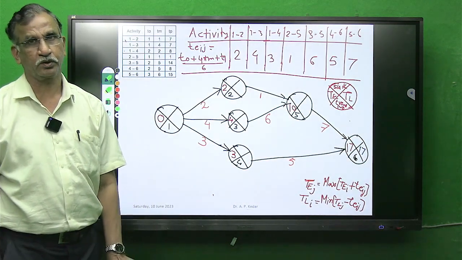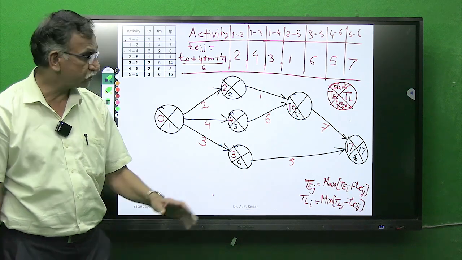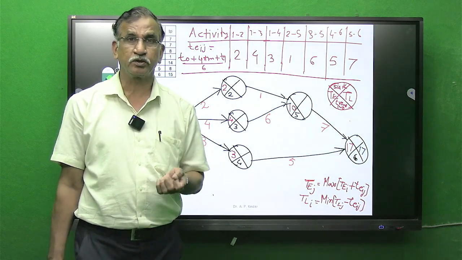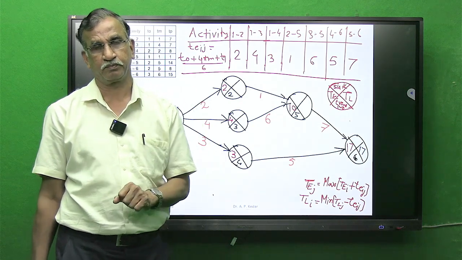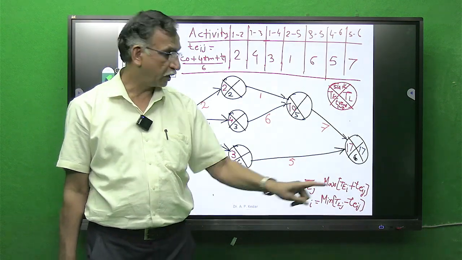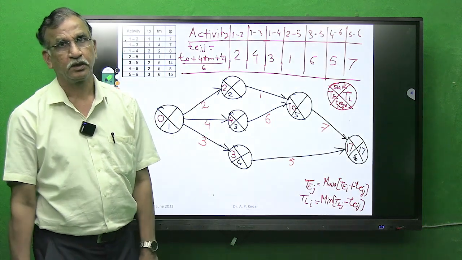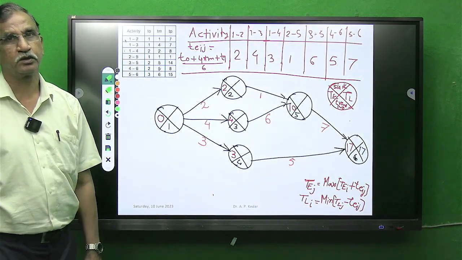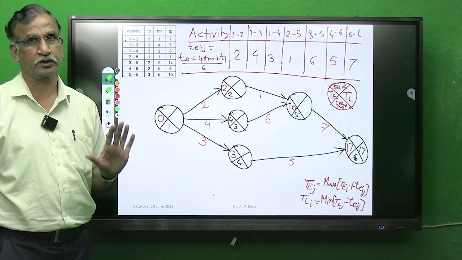Very, very important point. If it is given that the latest completion of the project is 20 weeks, suppose it is mentioned in the problem, then I have to put 20 here. Since nothing is mentioned, without hesitation put the earliest expected time as the latest completion time.